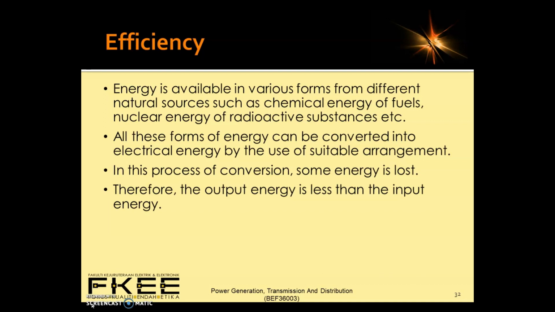In this process of conversion, some energy is lost in the sense that it is converted to a form different from electrical energy. Therefore, the output energy is less than the input energy.